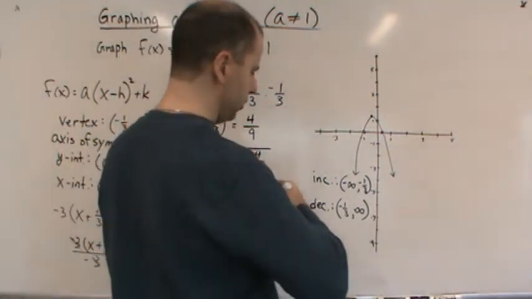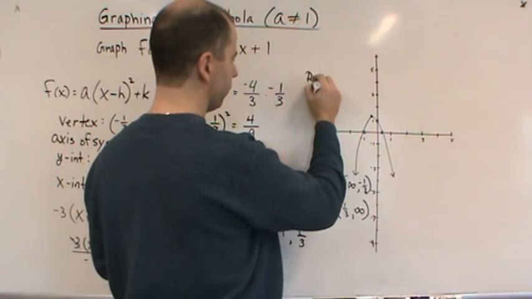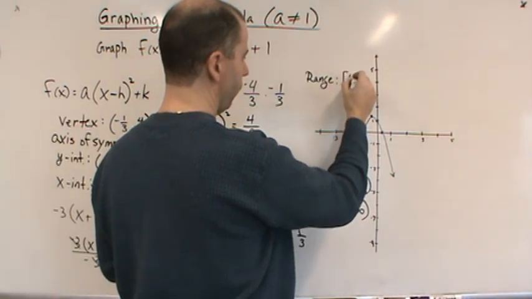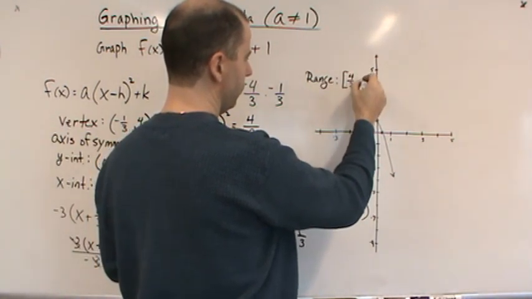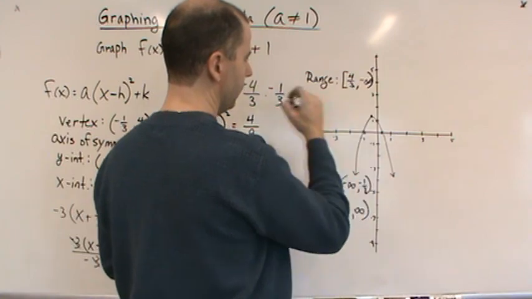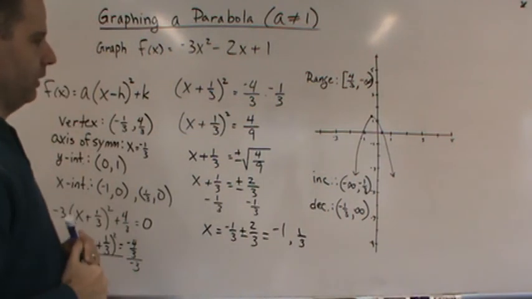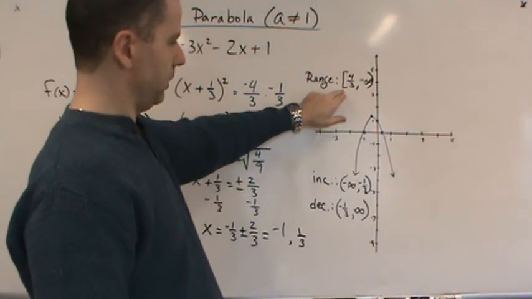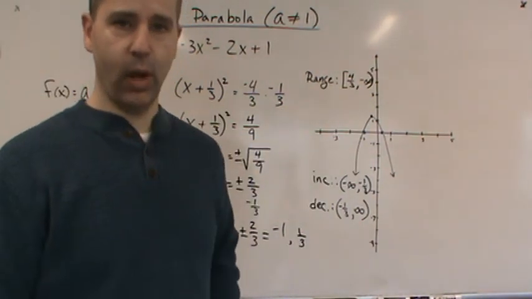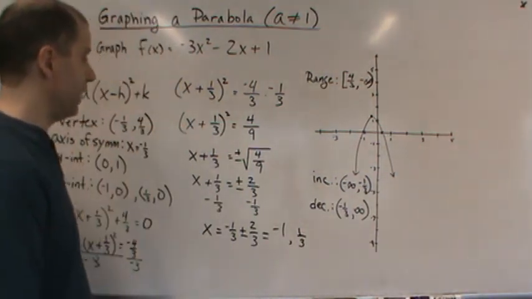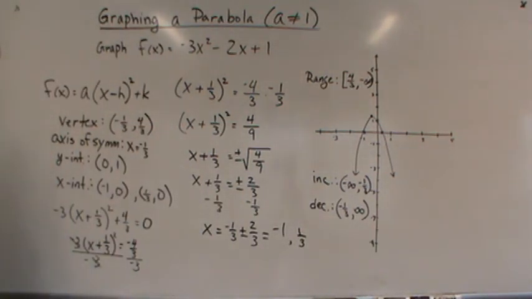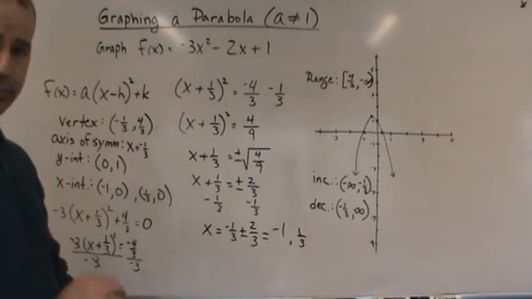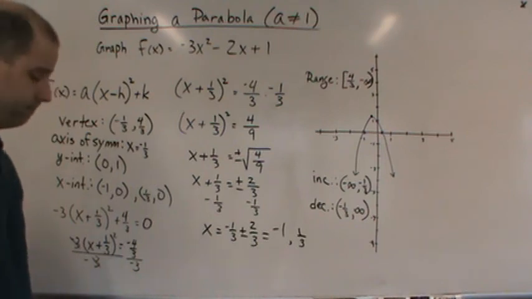So the range of this is going to be from 4/3 to negative infinity. Okay? And that's the range. And again, don't forget to include the vertex y value. Okay? And that's it. So that's how we take care of graphing a parabola when a is not equal to 0. Okay? That's it. Have a great day.